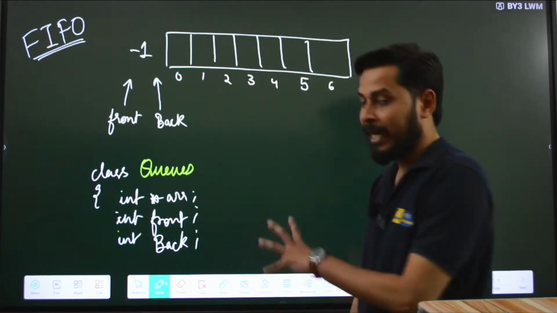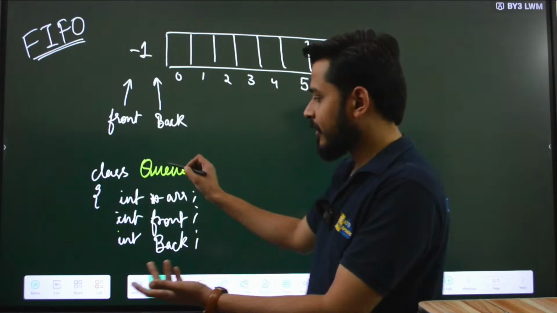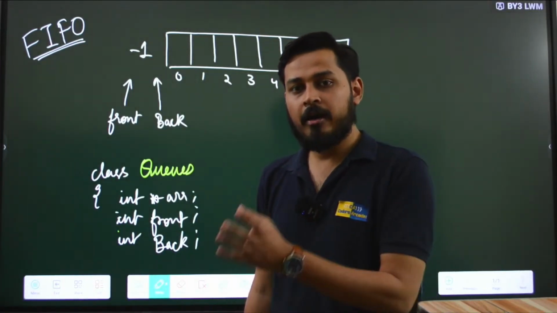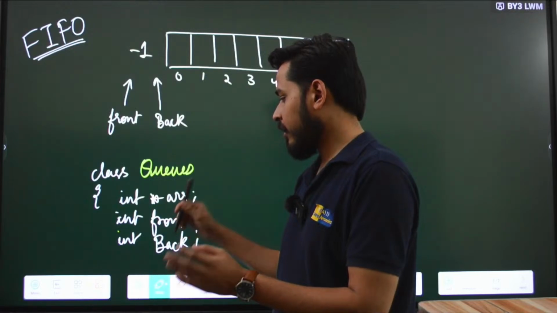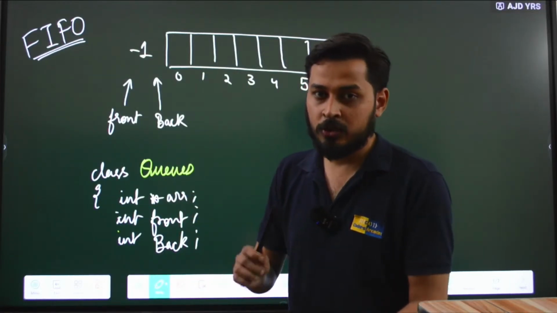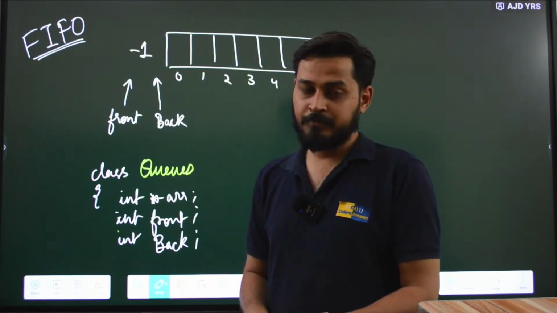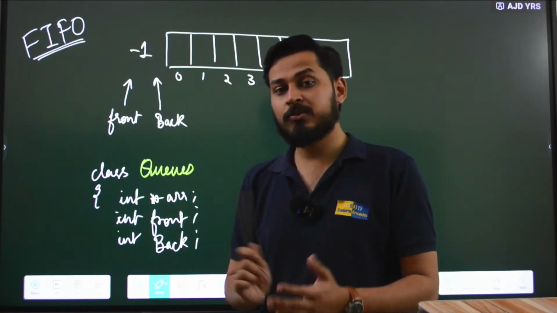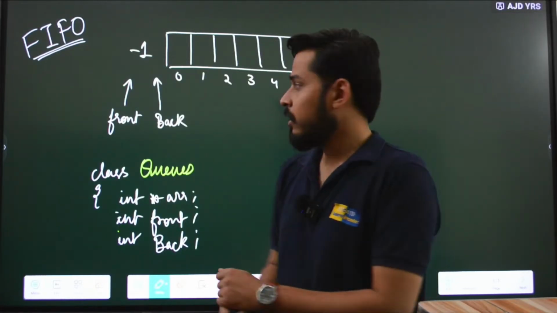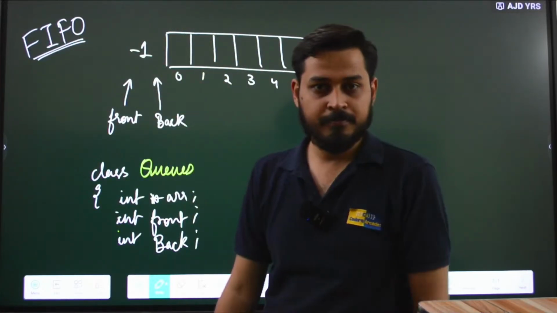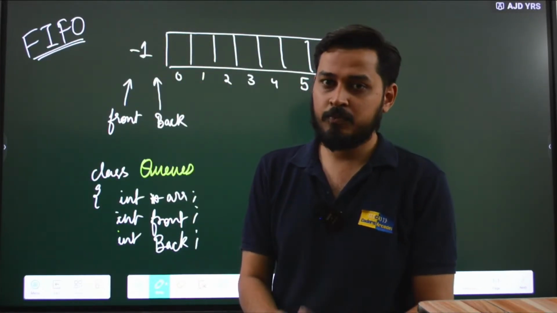Initialization we can do later on in the constructor of this class queues, where I can define a constructor and say ARR dynamically allocates memory into the ARR pointer, then front and back will also be initialized with -1, and this way our requirement is created. I hope that till here it is very much clear.